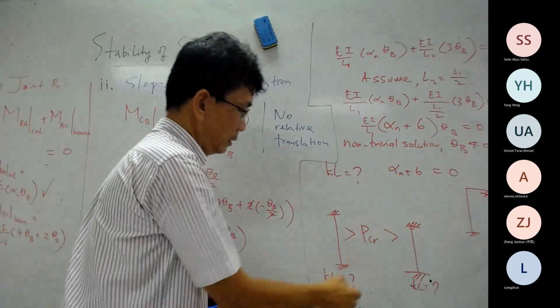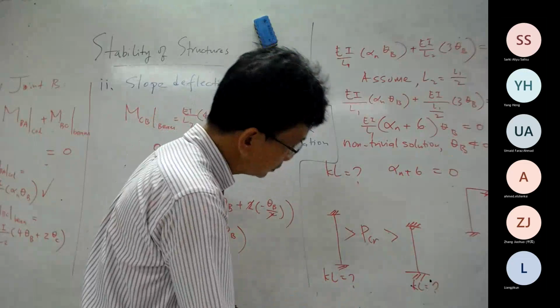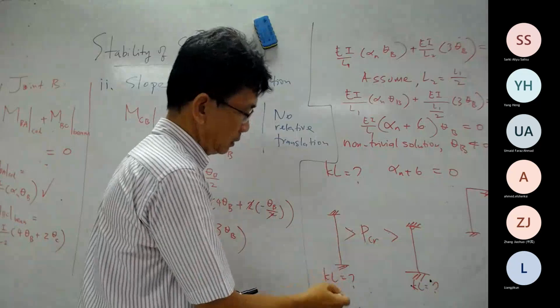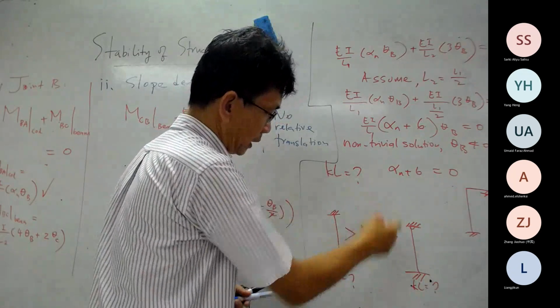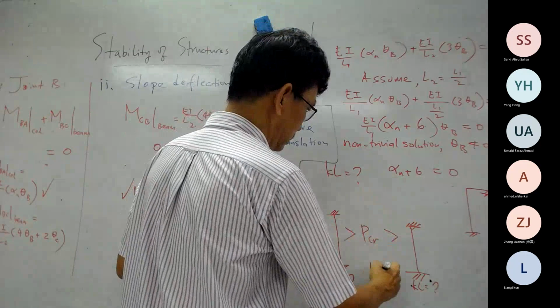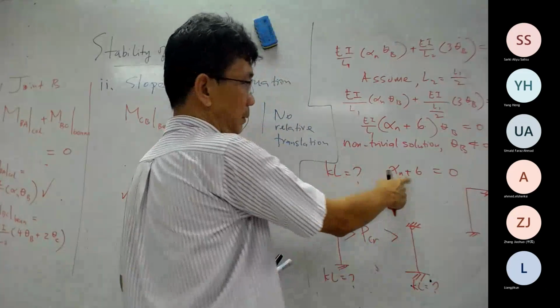When you substitute this KL value into alpha n, you get a positive value, and here you might get a negative value. Then you get the center one. You find the KL, this plus this over 2, substitute into here plus 6.